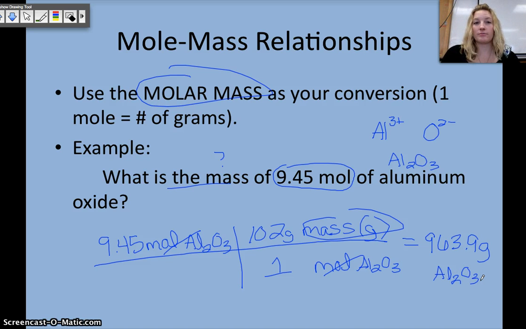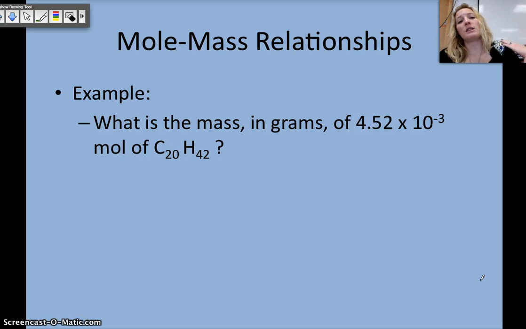Let's try another. This time, what is the mass in grams of 4.52 times 10 to the -3rd moles of C20H42? Well, again, we're looking for our mass.